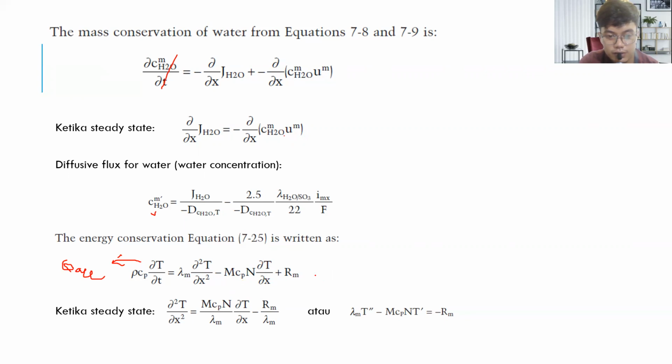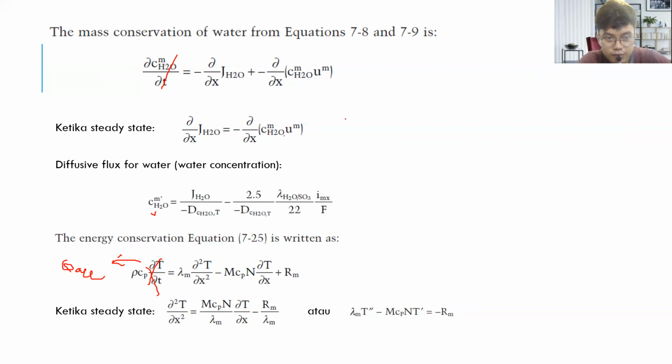Okay, when the condition is steady state, it becomes below: d squared T per dx squared is equal to M cp N per lambda dT per dx minus Rm per lambda.